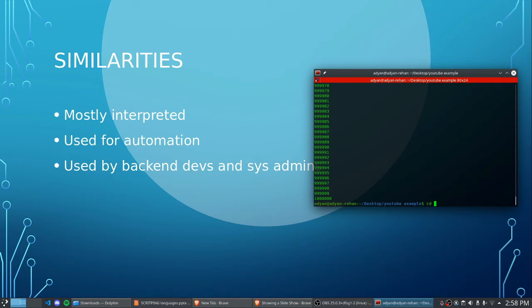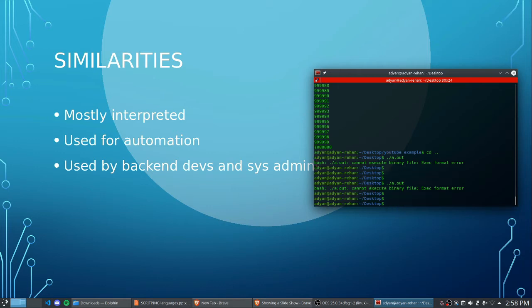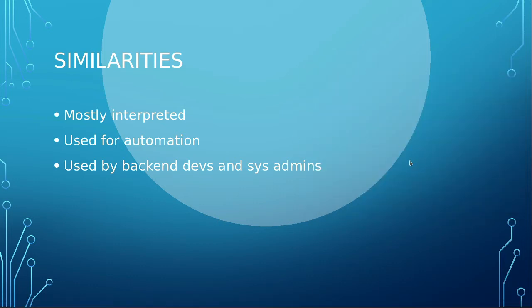If you cd back into the desktop directory, I wrote this thing in C. I don't know, it's giving some kind of error, but you get one thing over here. It compiles it just in time. So usually these languages are slow because they need a translator to do it.